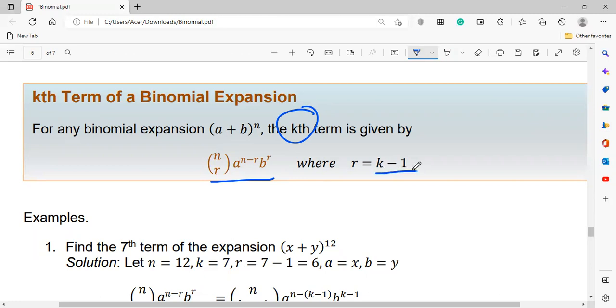So, bakit k minus 1? Take note na mag-i-start ka kasi sa taken 0. Taken 0, taken 1, 2, 3, and so on. So, ibig sabihin, kapag ang hahanapin mong term ay pang-5, ibig sabihin, ang r mo ay 4. Kasi nag-start sa 0 yung selection.